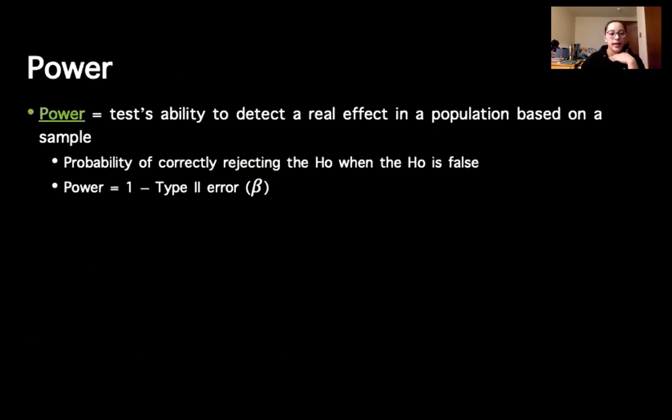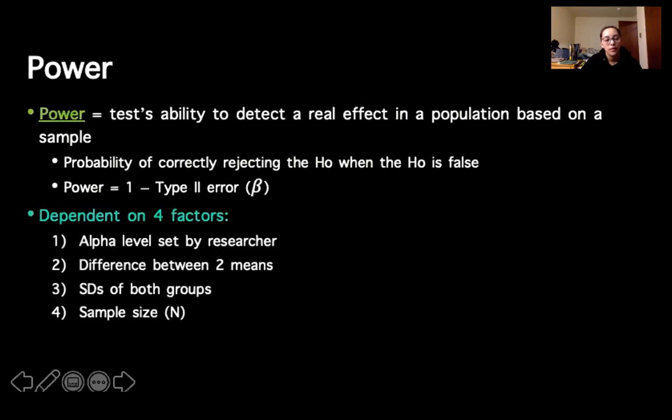So if you recall, we had our truth table that had 4 different options. And we had type 1 error, which is our alpha, type 2 error is our beta. Beta just represents the opposite of power, which means that we would accept the null when the null is false.